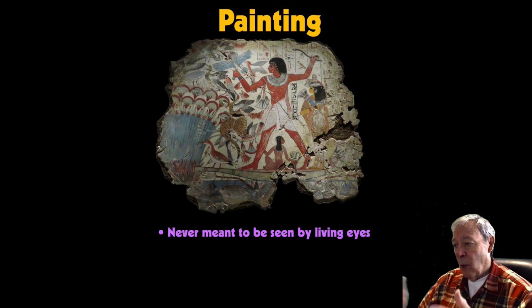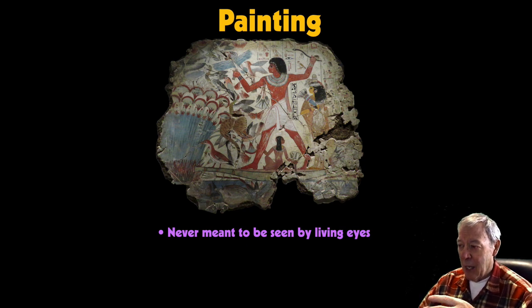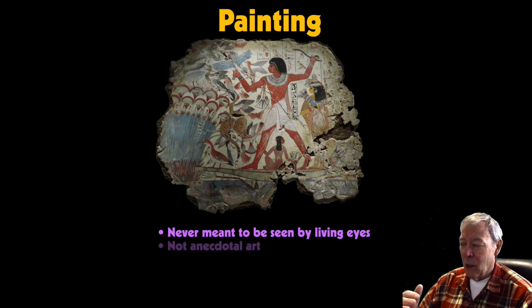And so once the tomb was sealed up, this artwork was sealed into eternal darkness, and no one would ever see it for the rest of eternity for the most part. So it was not meant to appeal to the living eye necessarily, but to the eye of the soul, the Ka, one could say. Therefore, this art is not anecdotal.